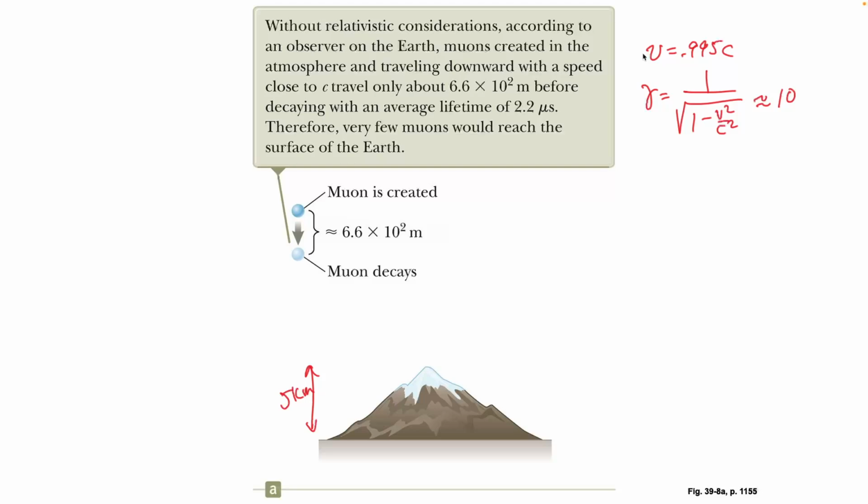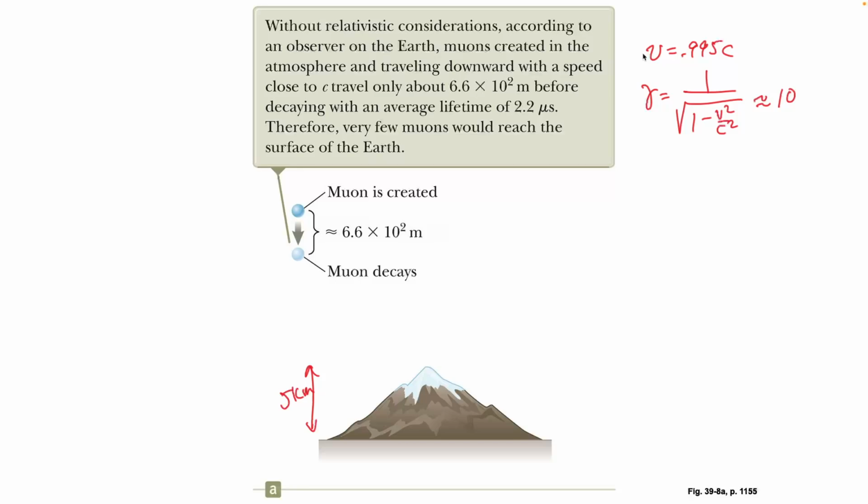So, with a gamma factor of 10 and a time in the lab of 2.2 times 10 to the minus 6 seconds, we have to figure out why it is that almost as many mu mesons are making it from a detector at the top of the mountain versus a detector at the bottom of the mountain.